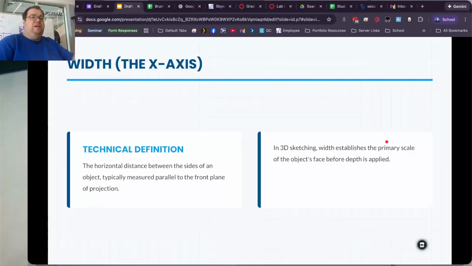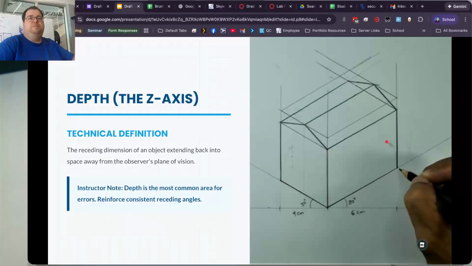In 3D sketching, the combination of the height and the width establishes what the primary scale of the drawing that you're doing is. And then we have Z, or the depth axis. This is the receding dimension of an object extending back into the space away from your plane of vision.